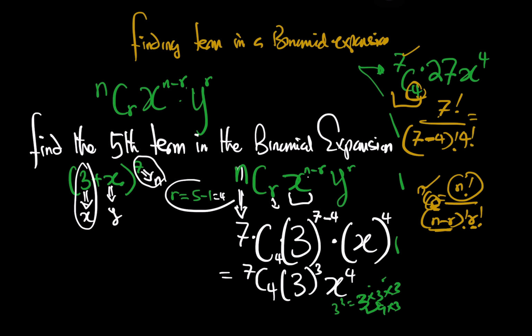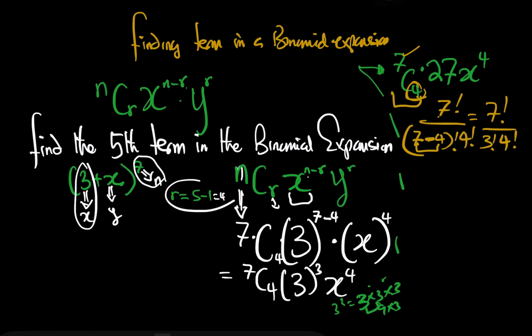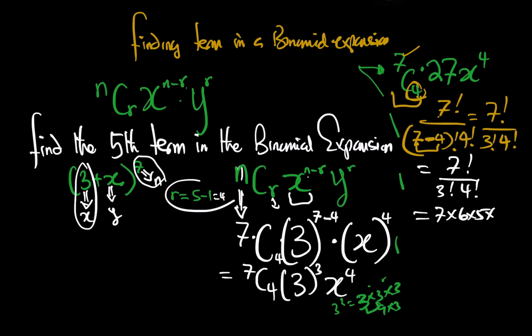Okay, and then we know that that's 7 factorial divided by 3 factorial, because 7 minus 4 is 3, times 4 factorial. Can you see that? Now we're going to simplify. The numerator is going to be 7 times 6 times 5 times 4 times 3 times 2 times 1, divided by 3 times 2 times 1, multiplied by 4 times 3 times 2 times 1.